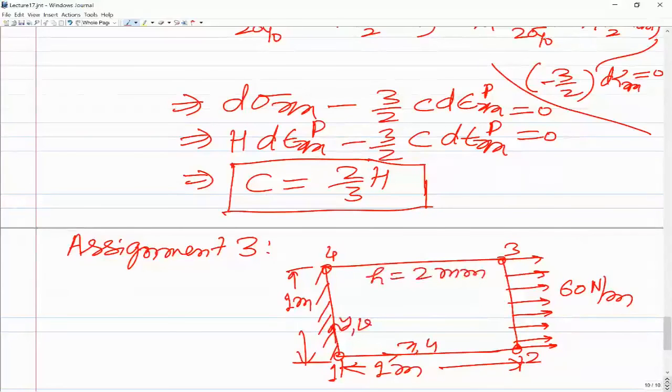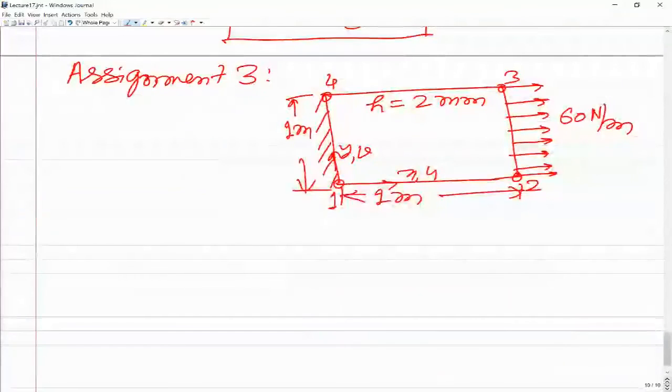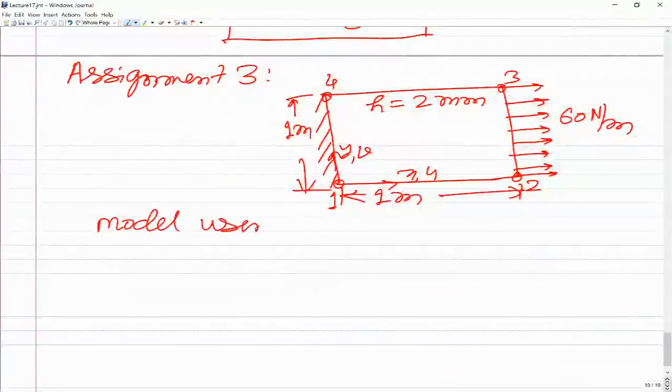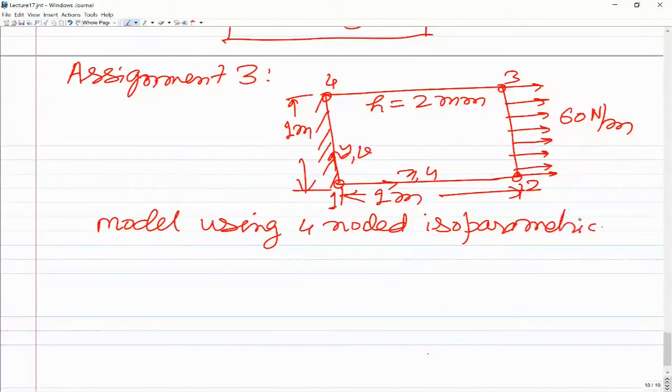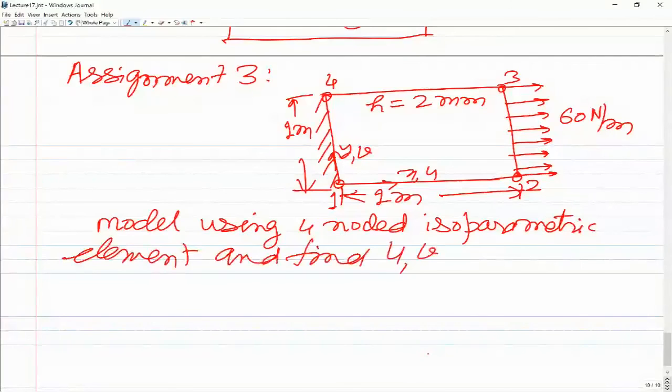So what you have to do is for this problem, whatever you learned, you are going to make use in this model using a 4 noded isoparametric element and find u and v, the displacement along x and y direction, for nodes 2 and 3.